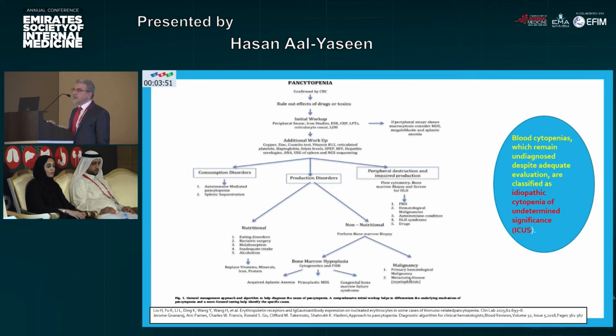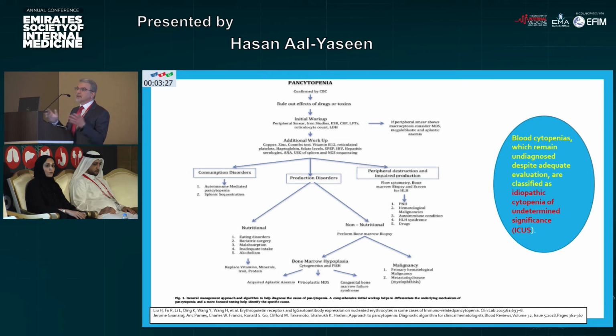And this is basically a summary of what we have just said. The aim of having this slide is to pass a message that sometimes at the end you may not reach a reason for pancytopenia. And this entity is labeled as idiopathic cytopenia of undetermined significance.